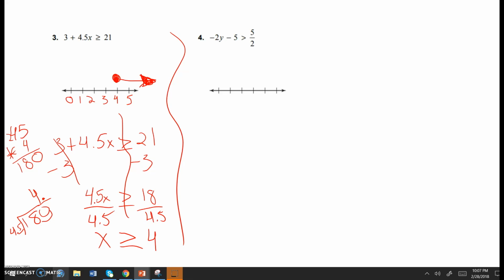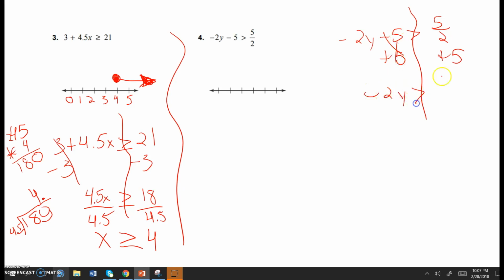All right, next one. Negative 2y minus 5 is greater than 5 halves. So first thing we're going to do is get rid of this 5. So we're left with negative 2y on this side and 7.5 on this side. Then we're going to divide by negative 2.